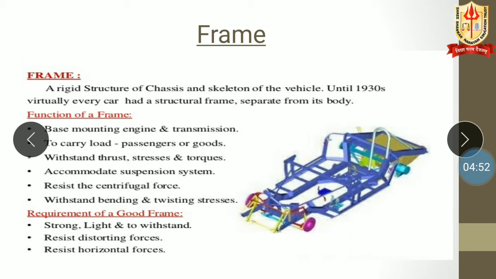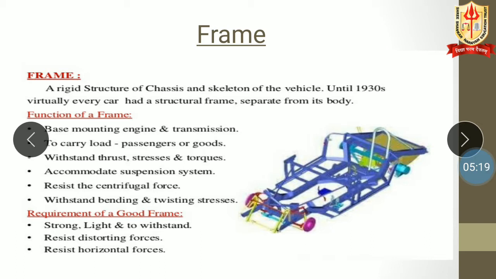The basic function of a frame is to carry the load. The load can be from the goods, or from the passengers, or from the components which are mounted on that frame. And the force, or you can say the load, is produced while braking, while accelerating, while turning.